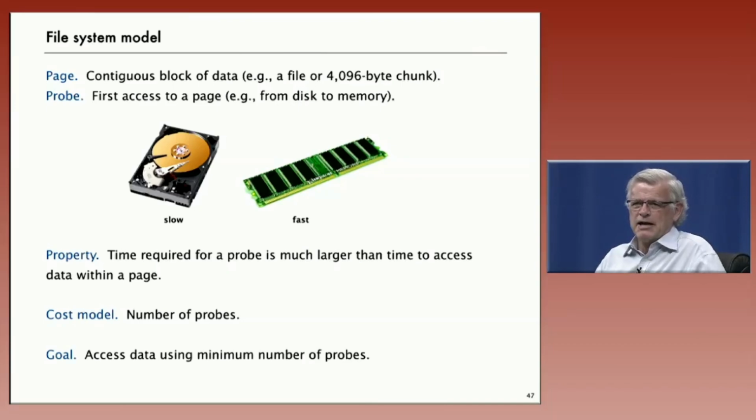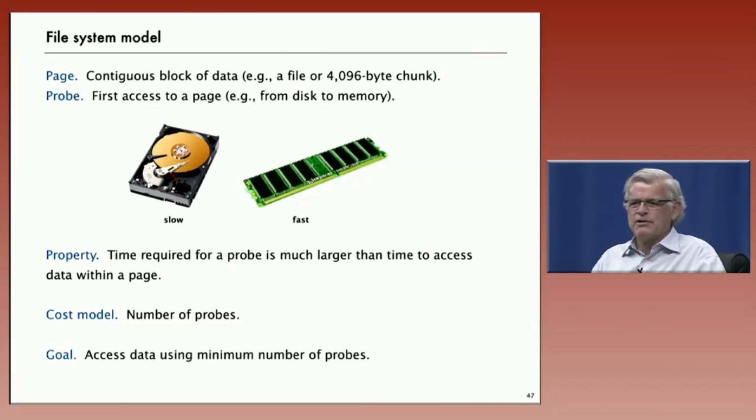And all we want to count is the first time we access a page, because the main cost is trying to find where the page is. Once it's read in, we get to read all the page for free, pretty much. So the real property of external storage, that not your local memory, is that the time required to get to a page is way larger than the time to access data within a page.